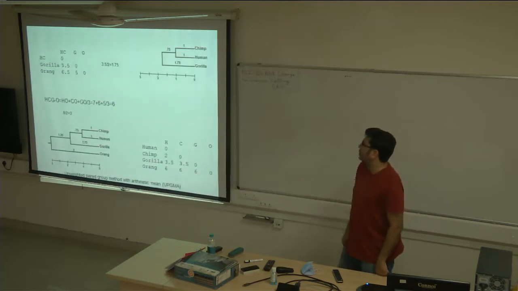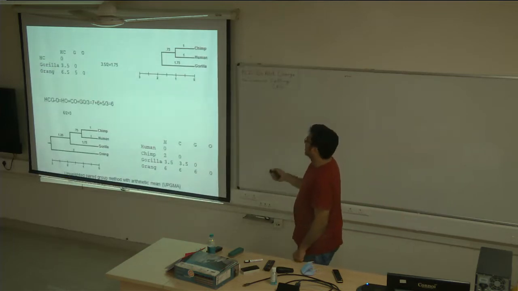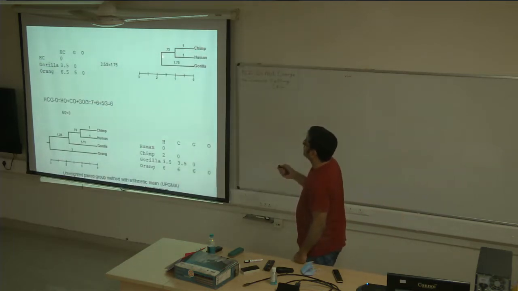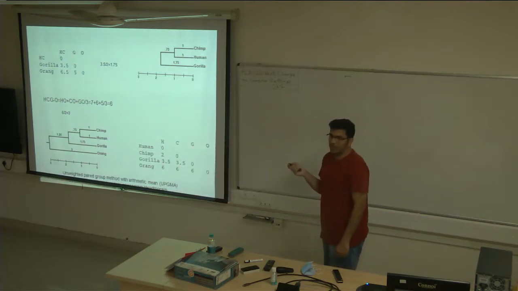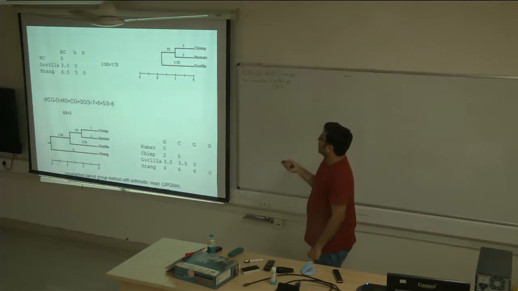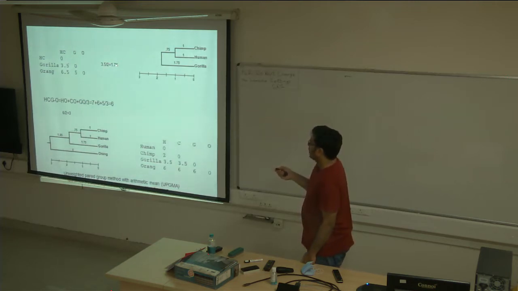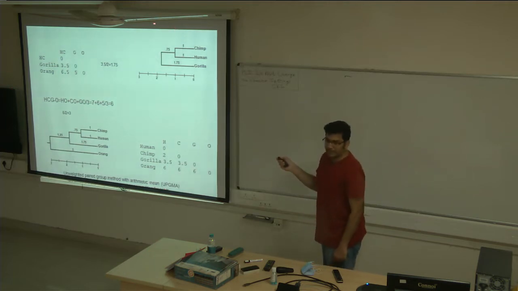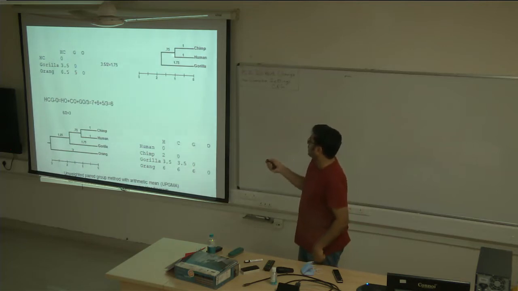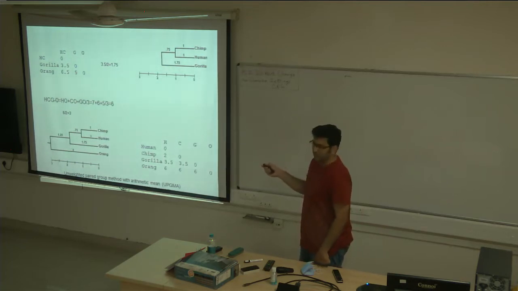So basically you're going to add a new gorilla branch here. You take this distance and divide by 2. So assign 1.75 to this branch, and out of this 1.75 we already have this 1 here. It's taken care of by the previous calculation. So the remaining branch length will be 0.75.